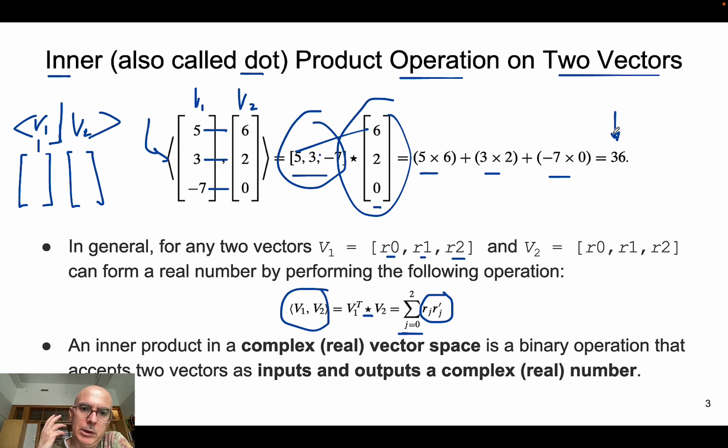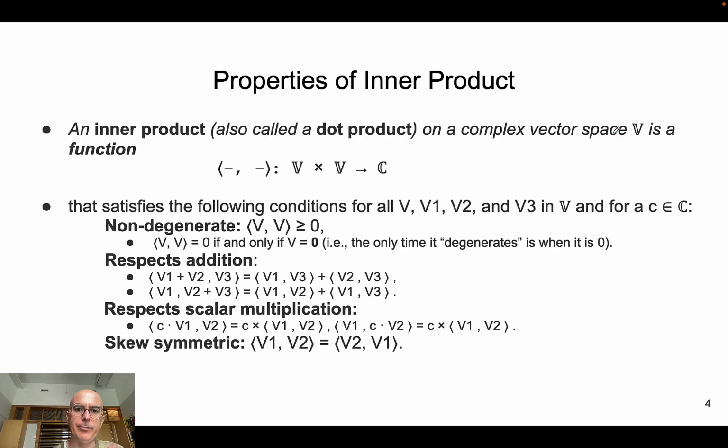So we start from two vectors and output just one element. The inner product, also called dot product, on a complex vector space is just a function, including this triangle bracket notation, going from this vector space to an output that belongs to the complex numbers, either real or complex.